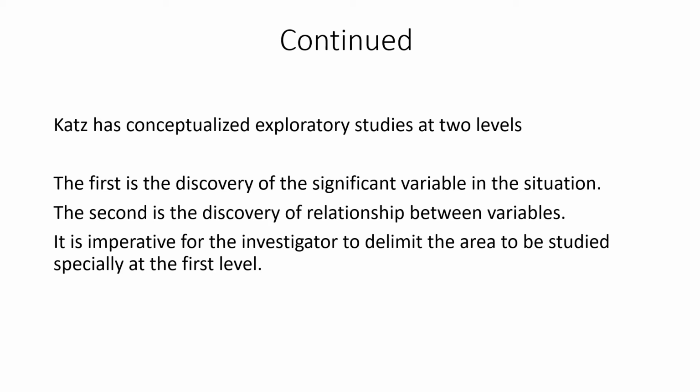The second is the discovery of relationships between variables. First, we know at the ontology level the existence of the variables, or knowing about the important variables. Then we need to see the relationship. This is the second level of exploratory studies. We need to find out the relationship between different variables, and it's imperative for the investigator to delimit the area to be studied, especially at the first level.